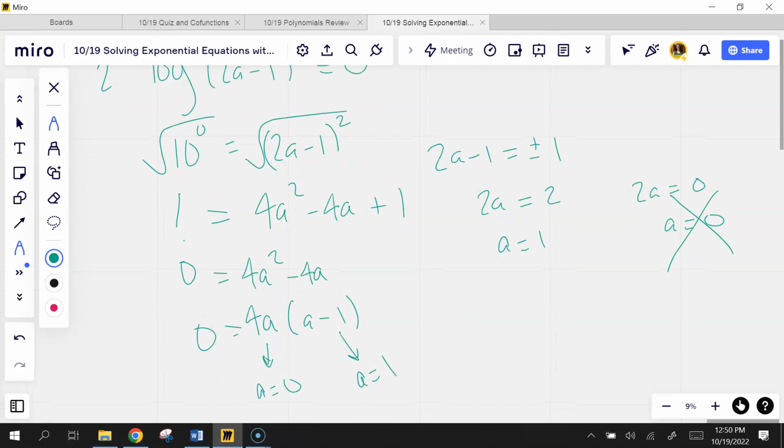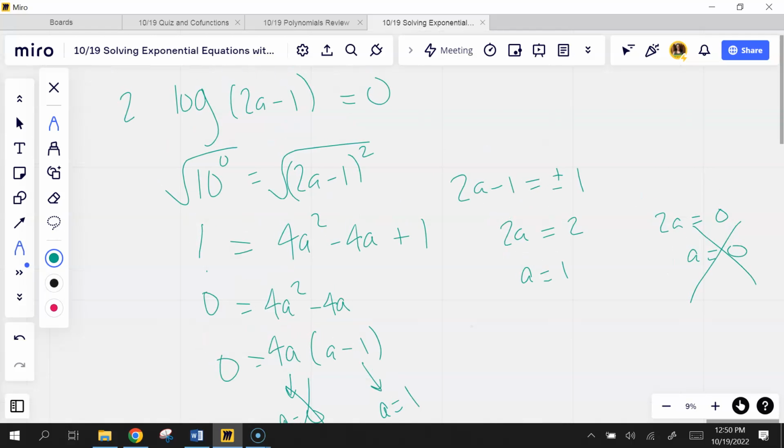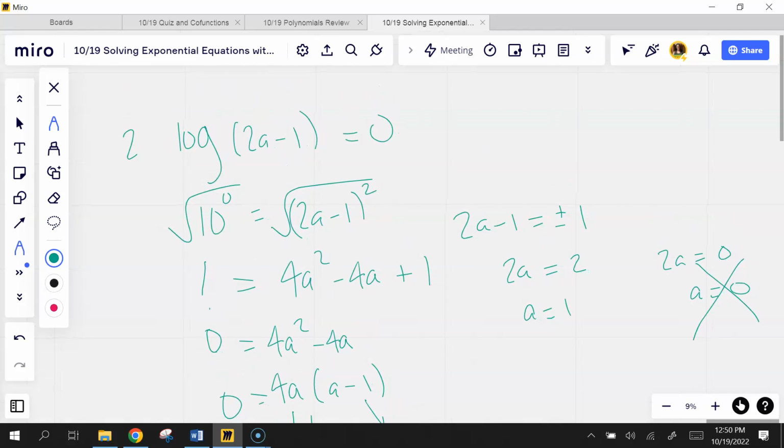That one's extraneous. I did it 2 different ways. One plus 1 is 2. Yeah. What else?